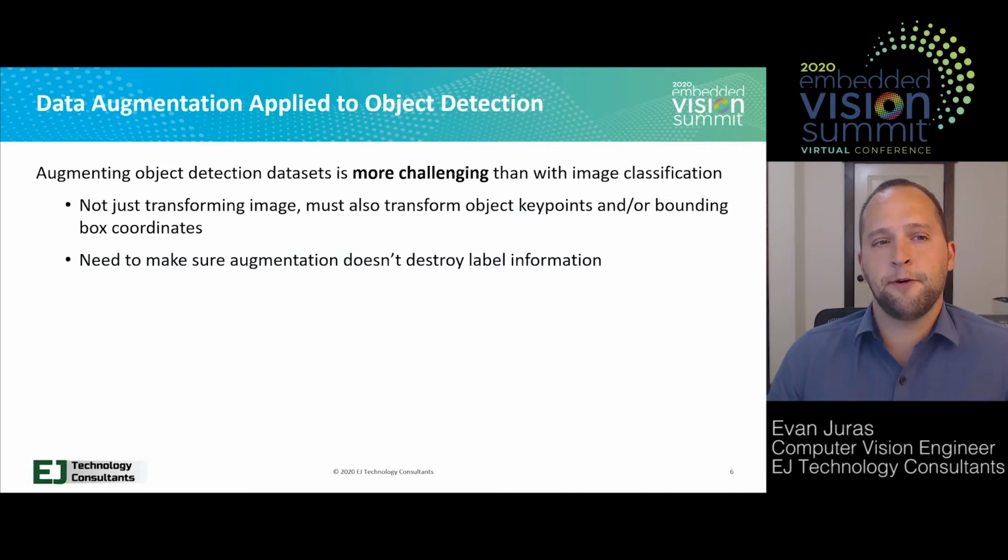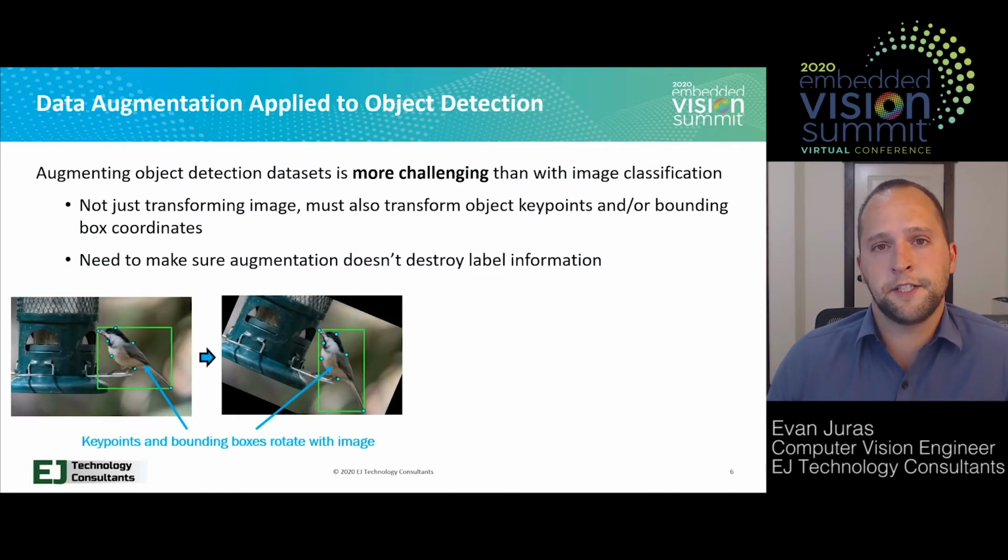Before I get into that, I want to make a quick note about data augmentation as it's applied to object detection. Augmenting object detection datasets is more challenging than when doing image classification or augmenting images for image classification models. This is because with object detection, you're not just transforming an image, but you also have to transform the object key points or bounding box coordinates.